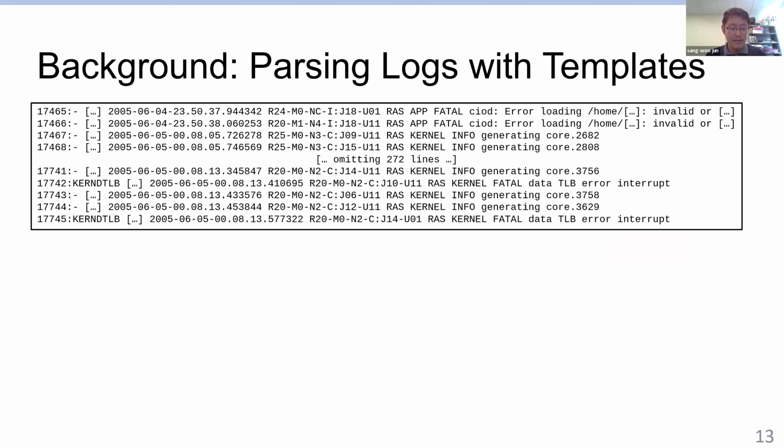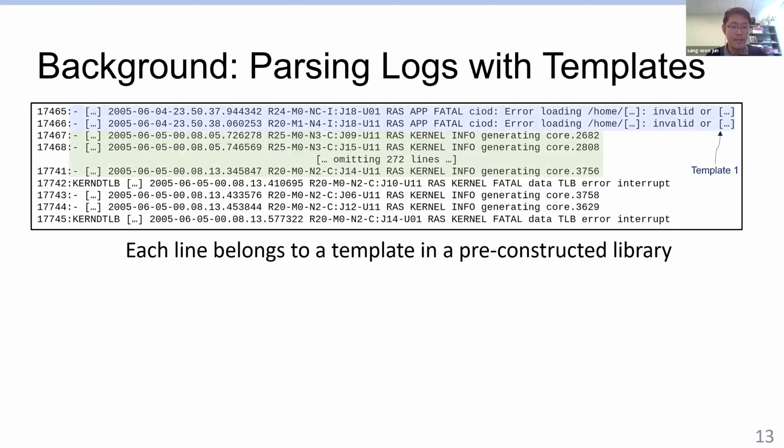And a little bit more background into how to actually parse logs using templates. Looking at the same unstructured log excerpt, each of these lines would belong to a single template in a pre-constructed library of format strings.